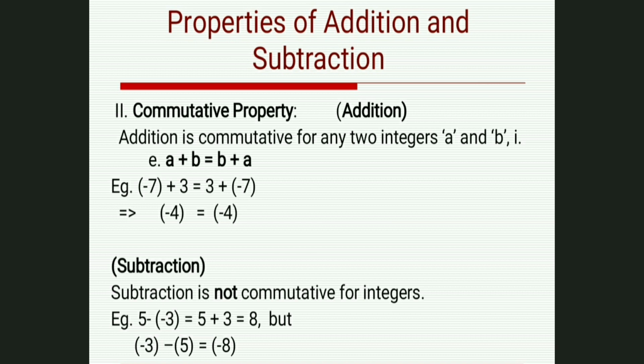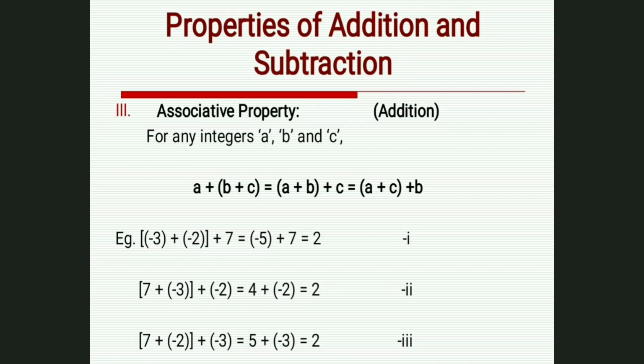Now children, let us understand the next property, that is associative property. Here for any three integers a, b and c, you can add the three integers in any order, and the answer does not change.